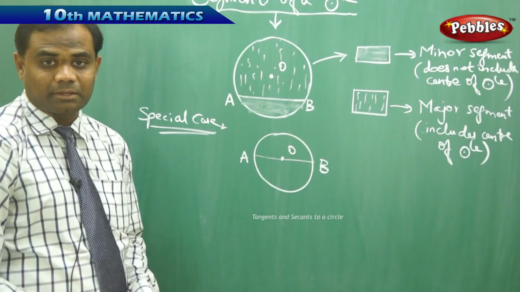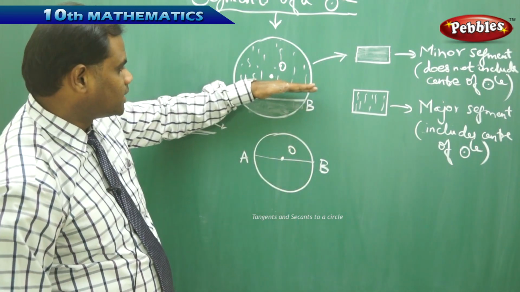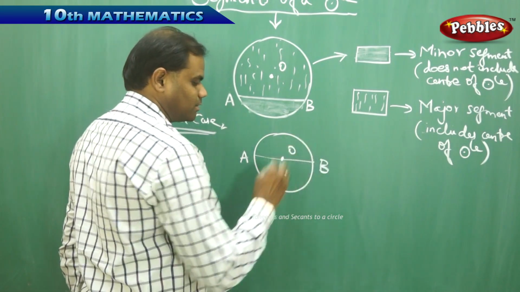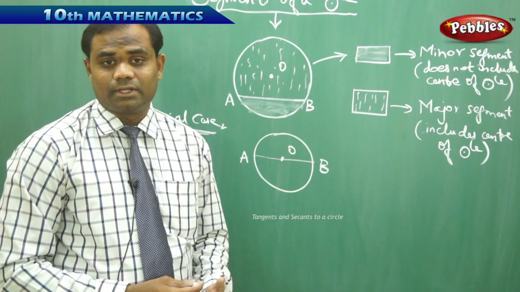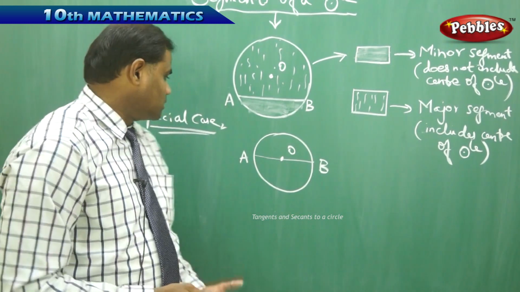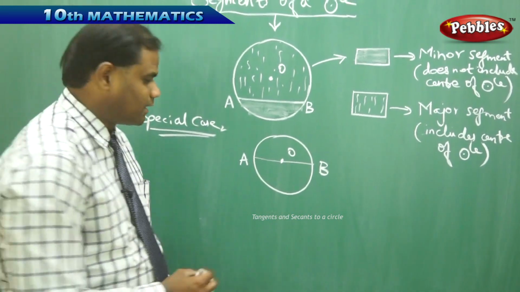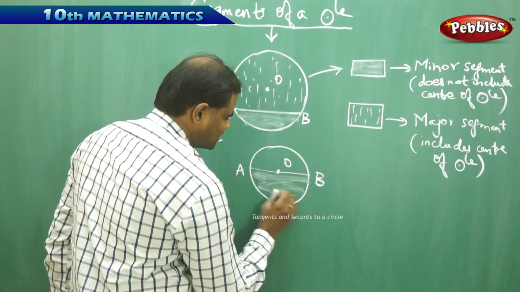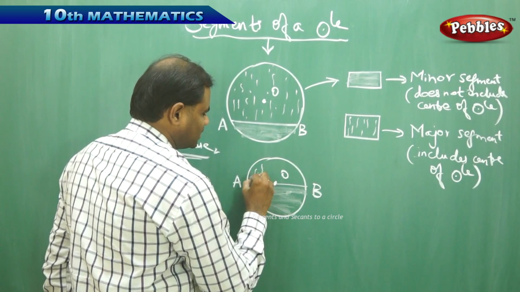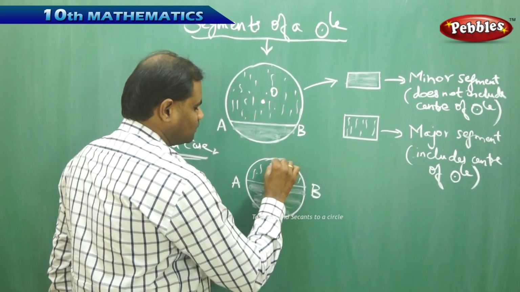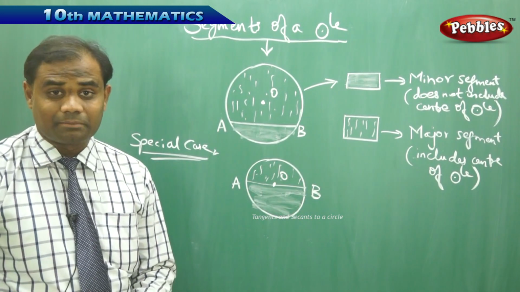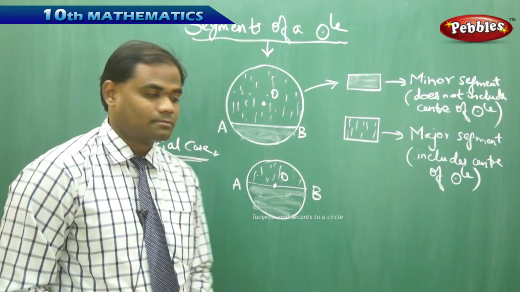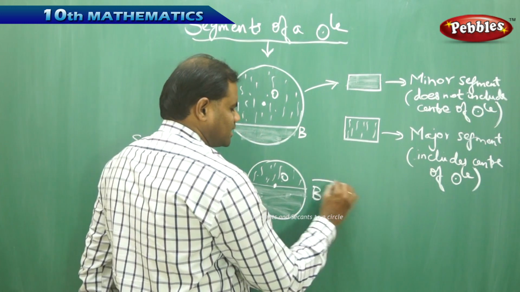How do you define the segments for a chord which reaches up to the center of the circle, or if the chord is the diameter? In this special case, we identify that we have exactly two equal areas. The major and the minor segment converge to become two equal segments, both called semicircular areas.